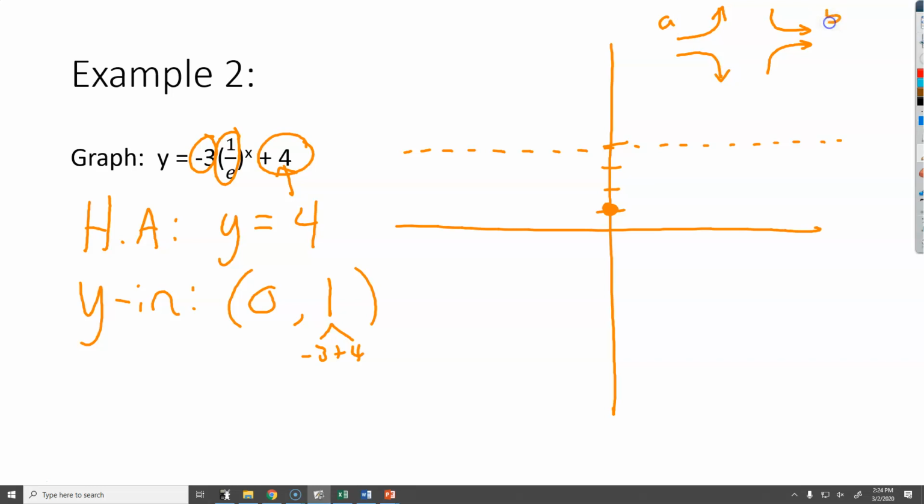A, B, C, or D? D? I agree. So it's going to go like this. It goes like that because we have 1 over e. So we're in the right column of the chart you guys copied. And we're in the bottom row because the value in front is negative.